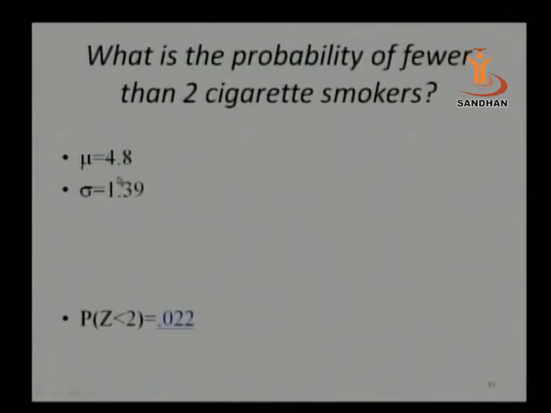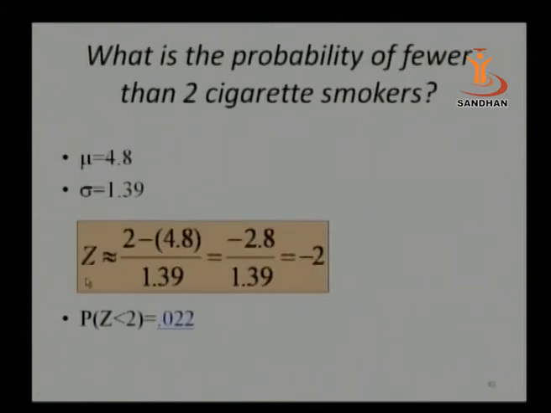Again mu is 4.8 and sigma is 1.39 have been calculated, and the probability for less than 2 is again 0.022. This value is obtained from the Z values table. Here we have standardized Z as (2 minus 4.8) divided by 1.39, so it is going to be minus 2. Right?